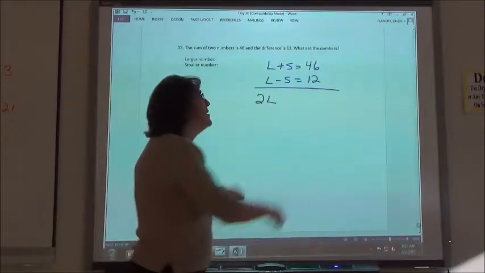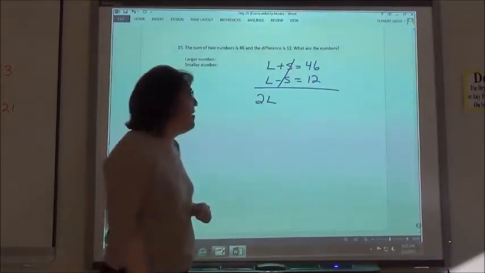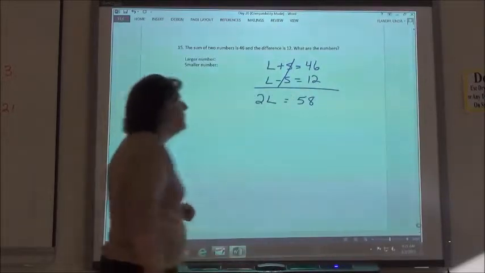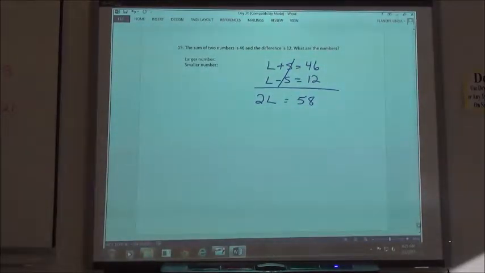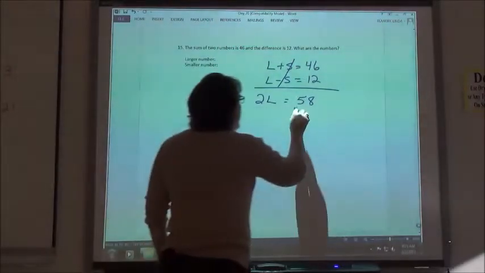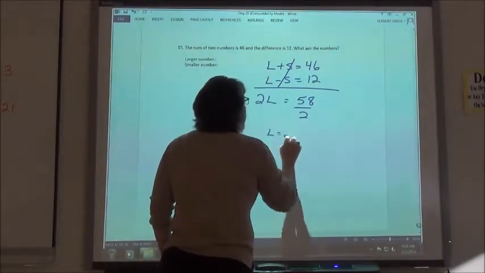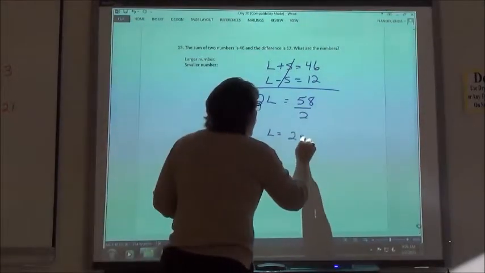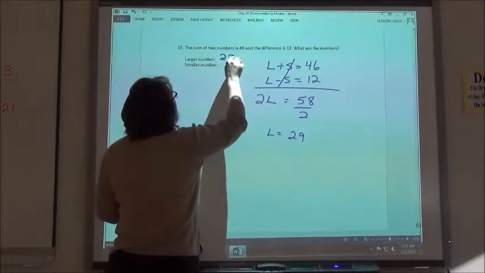S minus S is going to cancel the S's out of there. And 46 plus 12 would be 58. Now all I have to do is divide by 2, right? 58 divided by 2 would give me 29. So my large number is 29.